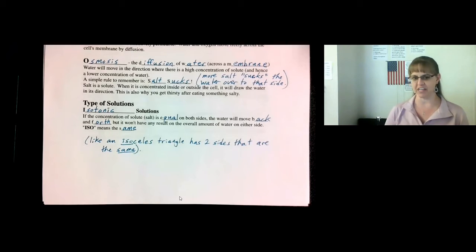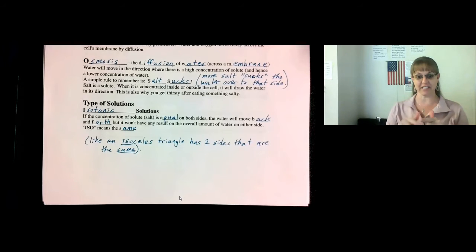First of all, isotonic. If you have two solutions, say with salt, and they both have equal amounts of salt, they're equally salty, equally concentrated, then those are isotonic solutions. The prefix iso means the same. For example, you've probably heard of an isosceles triangle, where the two sides are the same length and the same angle.